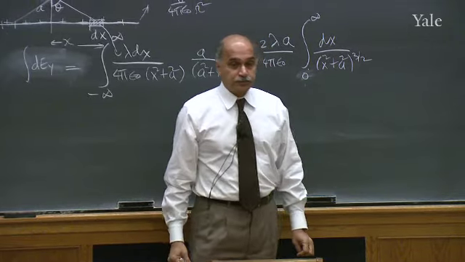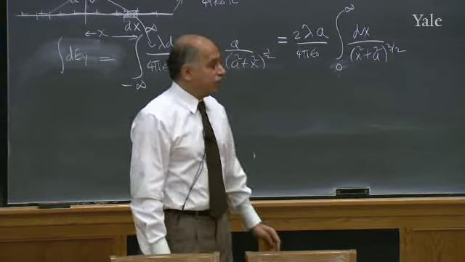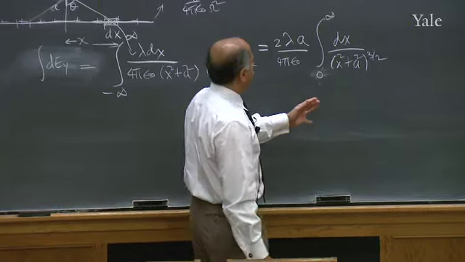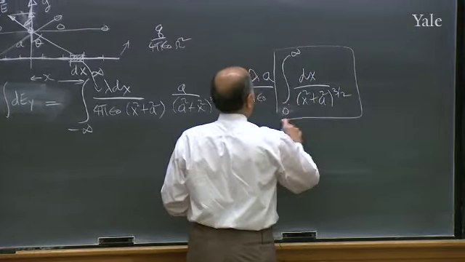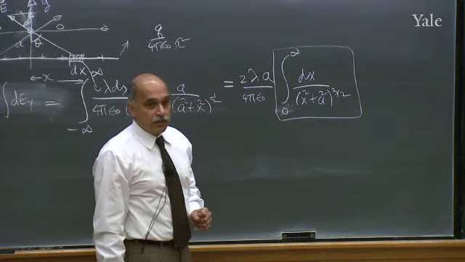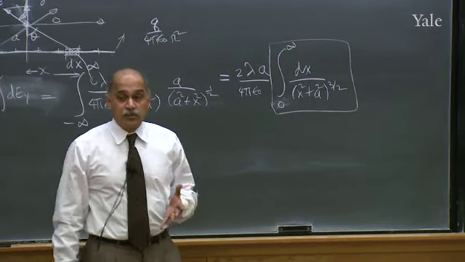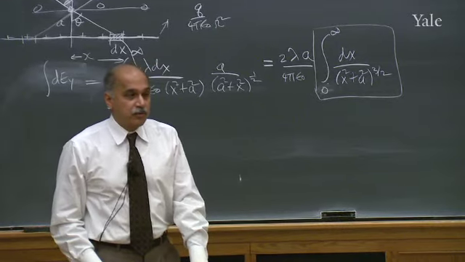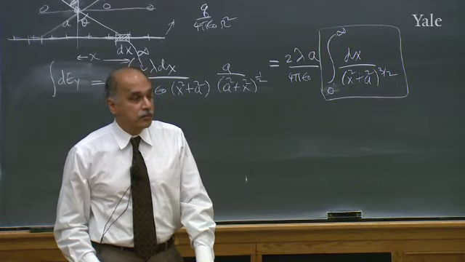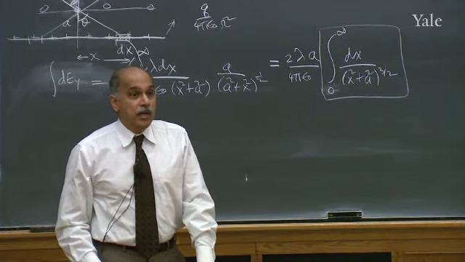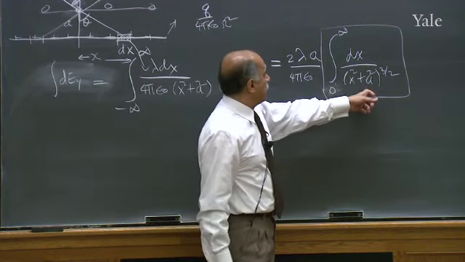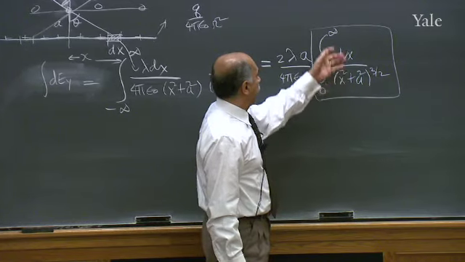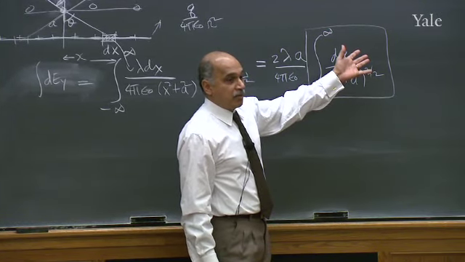But before you do the integral, you've got to have some idea what the answer is going to look like. I want you to get some feeling for this. What does the answer depend on? That's the first question. Whatever this is depends only on a, because 0 and infinity are not going to be present as part of the answer.